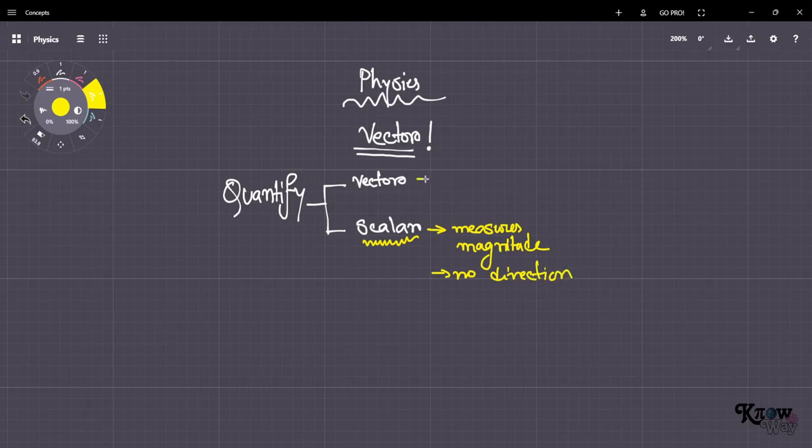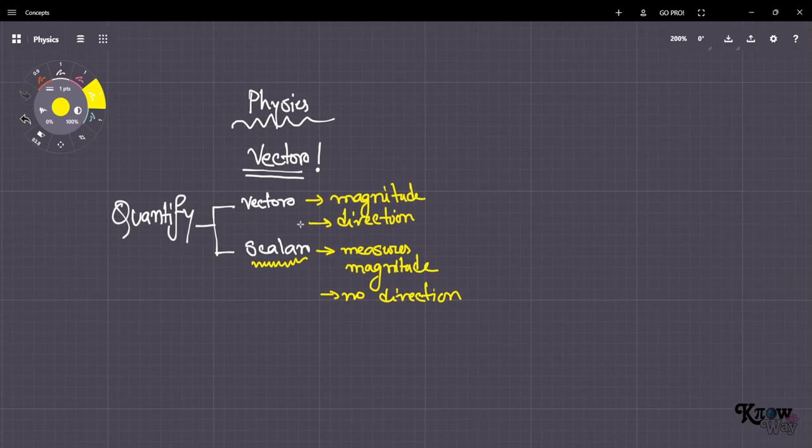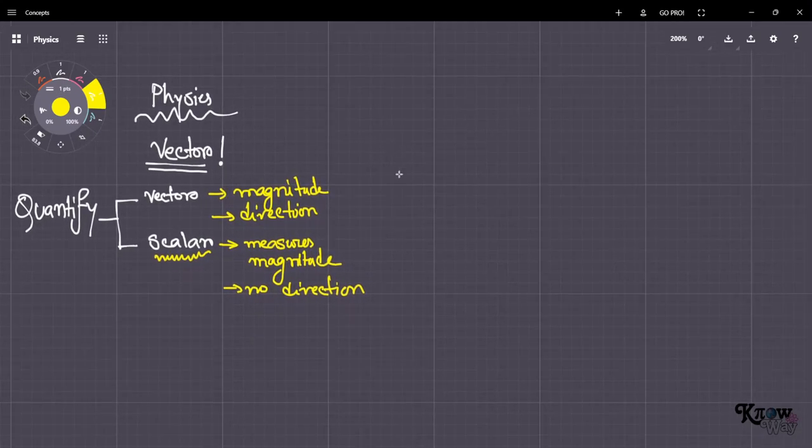But in the case of a vector, there will be a magnitude, of course, and there will be a direction. Now it may seem very unlikely to visualize these two things, but we'll get to that in a while in the visualization.